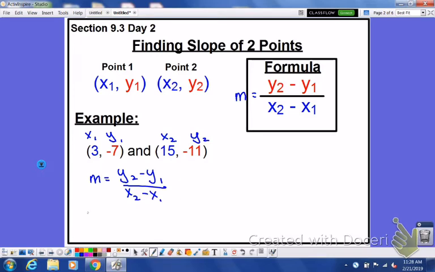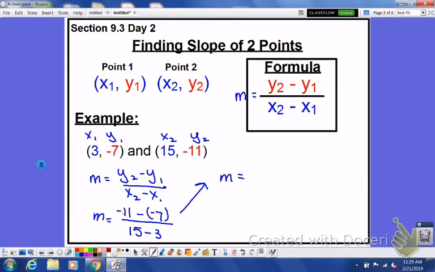If we substitute into that, m equals, go back up to our labels, y2 is negative 11 minus y1 is negative 7, I'm putting in parentheses because it's a negative, over x2 is 15 minus x1 is 3. Now if we simplify this out, again, m equals, make sure you're keeping that part with the entire formula.